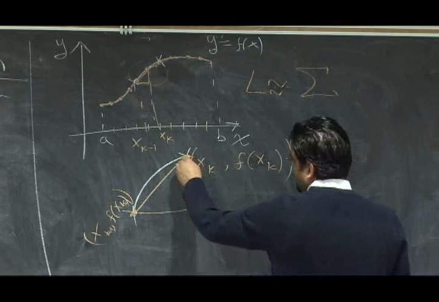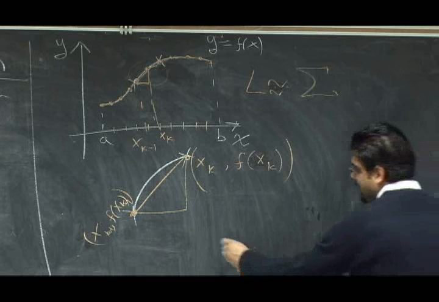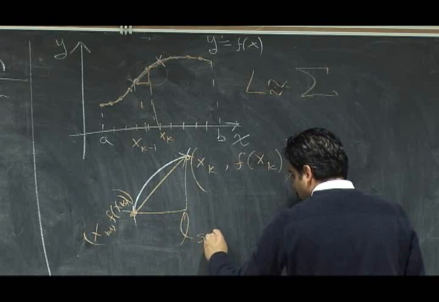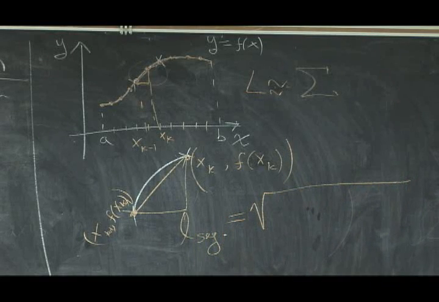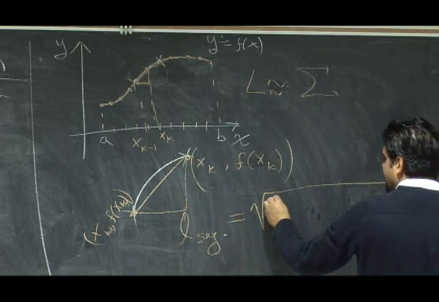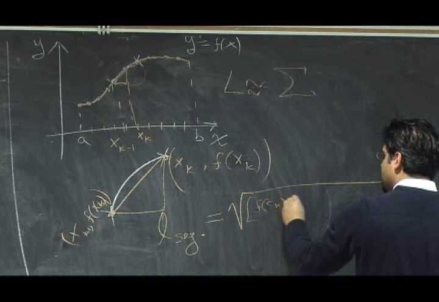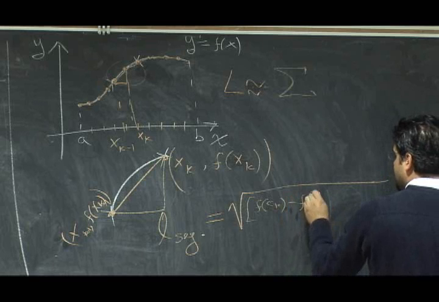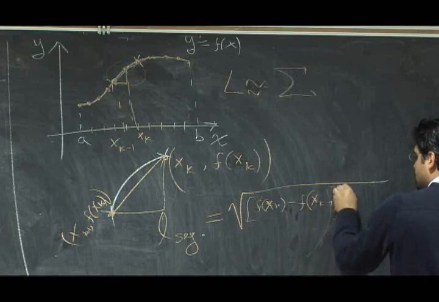So what's the length of this then? The length of one segment is equal to the square root of this distance squared. That distance is f of x sub k minus f of x sub k minus 1, squared.